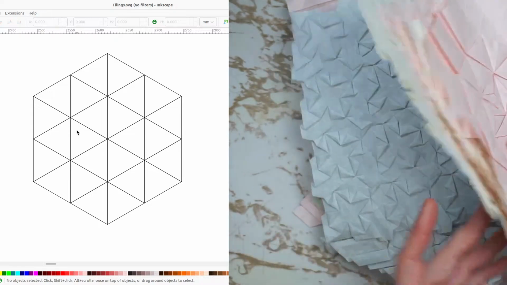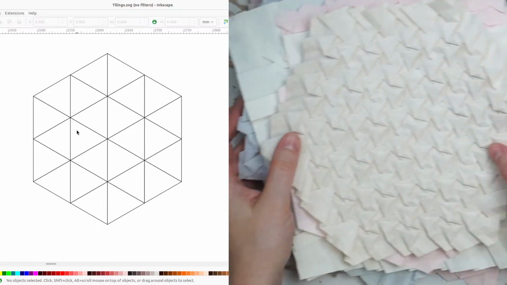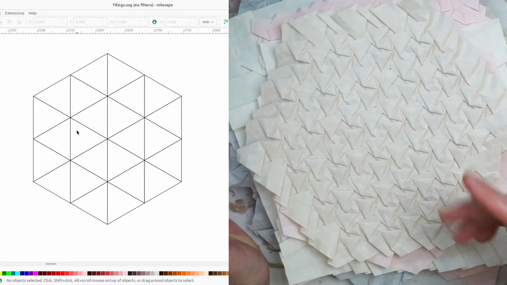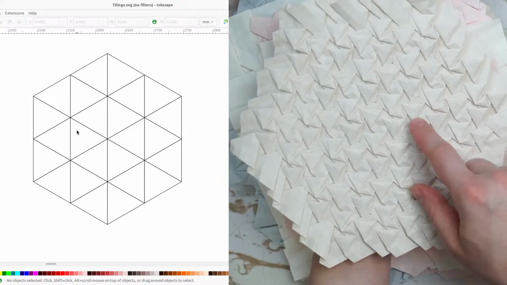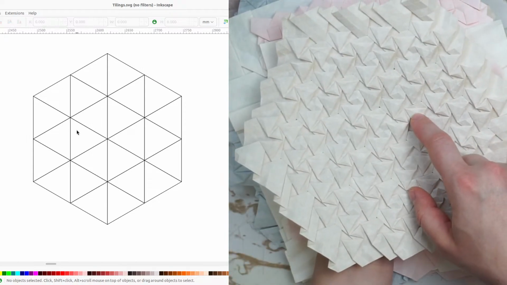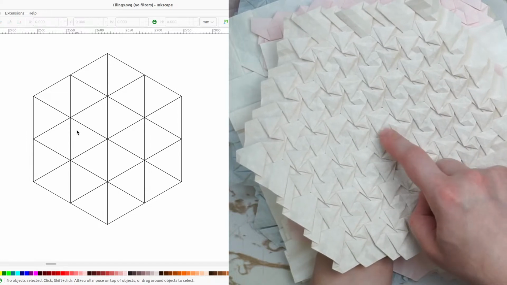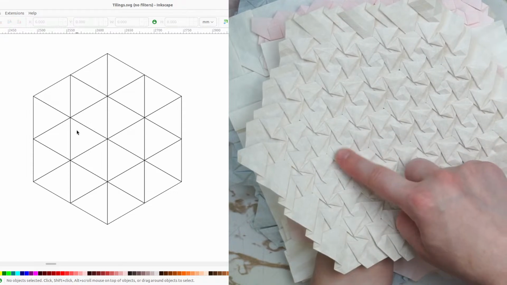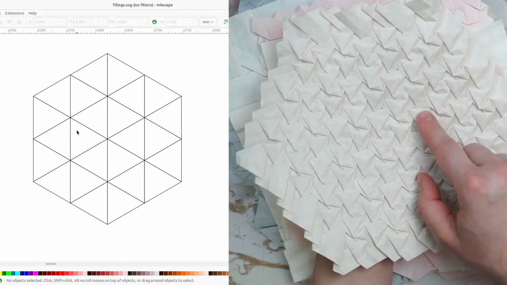I have another example in here of equilateral triangles that looks really different, but you can tell that it's the same tiling because on this side of the paper, I can see that I've got these 4 triangles and repeats of those 4 triangles. And I only have triangles on this side of the paper.